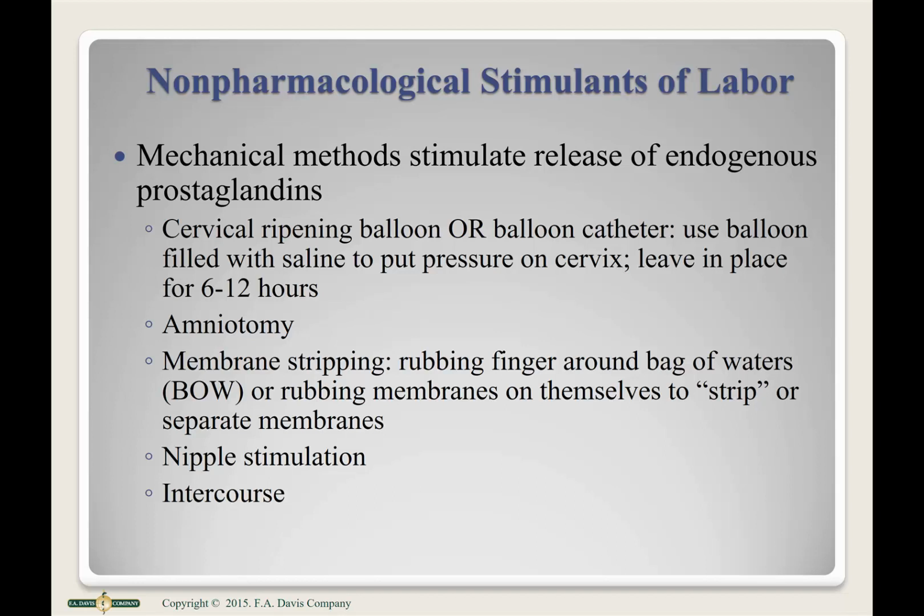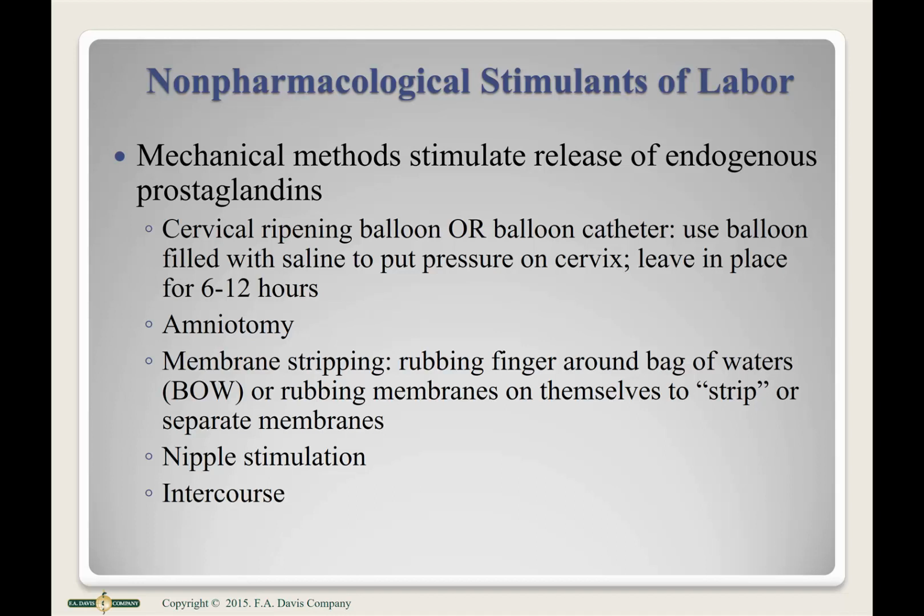If we just use a Foley catheter balloon, we have to put that Foley catheter in through the cervix and inflate that balloon. You can only get 10, maybe 15 cc's in that balloon or it'll burst. Foley catheters with bigger 30 cc balloons exist for patients who've had bladder surgery or TURP.